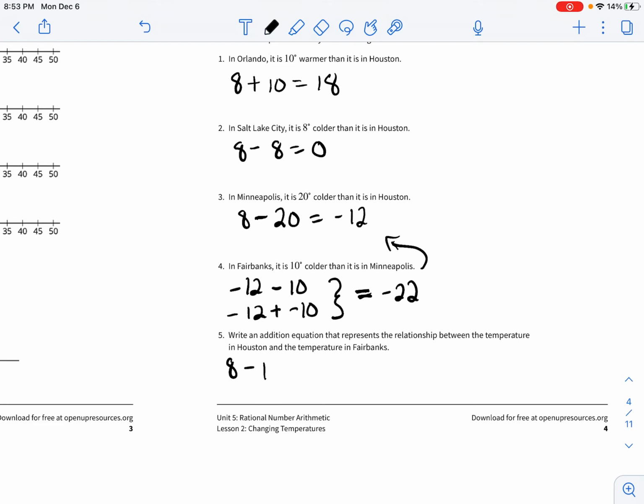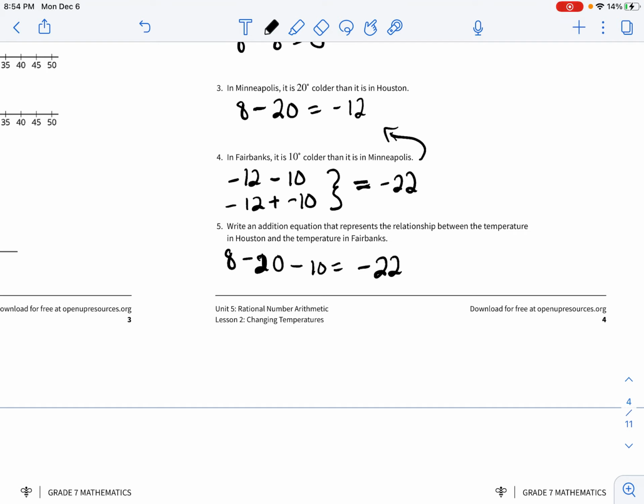So 8 minus 20 minus 10 equals, so that would be the equation. And when you run it through, your outcome is negative 22. 8 minus 20 is going to give us a negative 12. 12 minus 10 is going to give us negative 22.